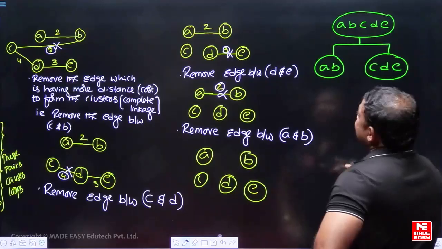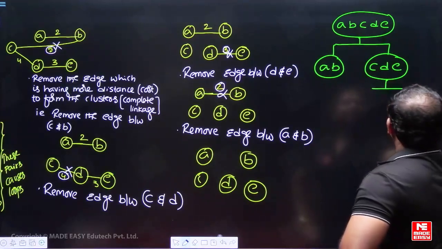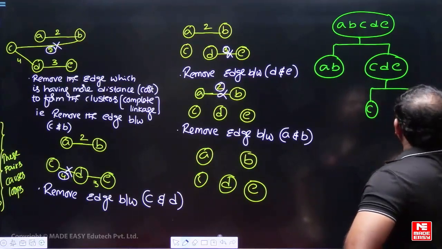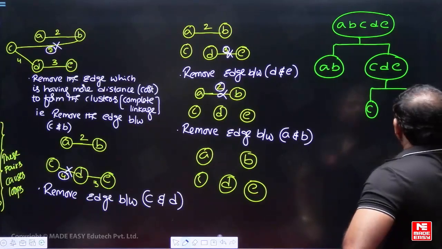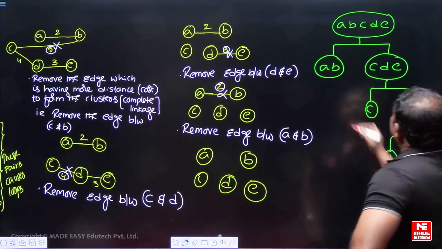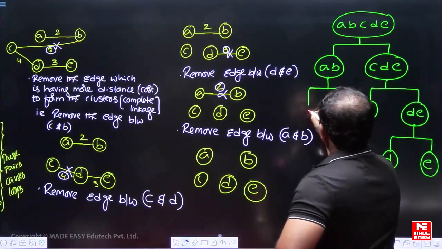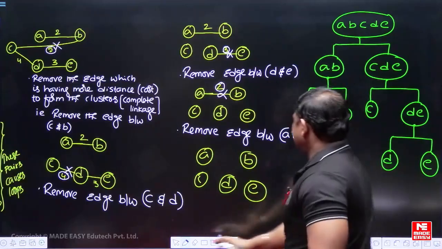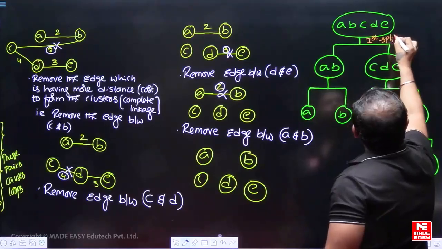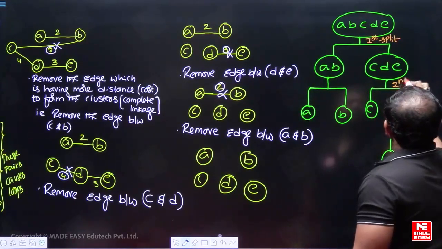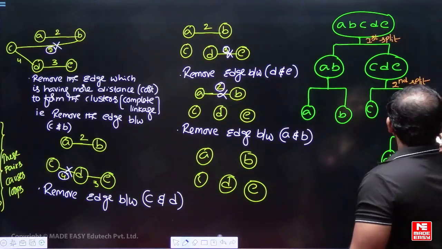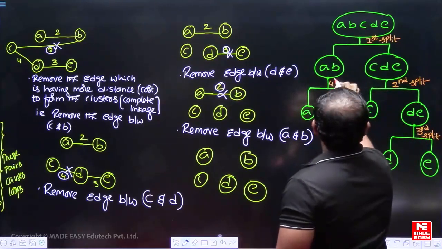After that, C, D, E will be split into C and D, E. Next time, D, E will be split into D and E. And last time, A, B will be split into A and B. So this is the first split, this is the second split, this is the third split, this is the fourth split.